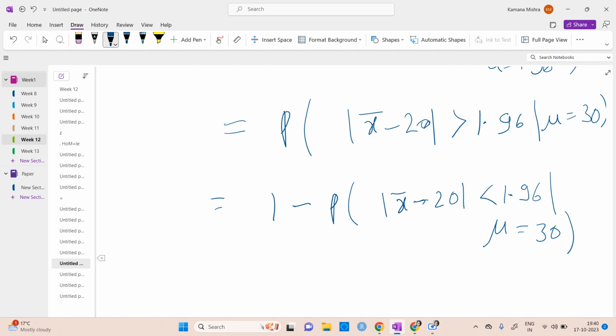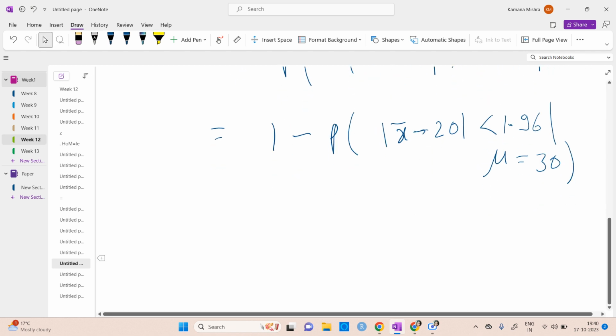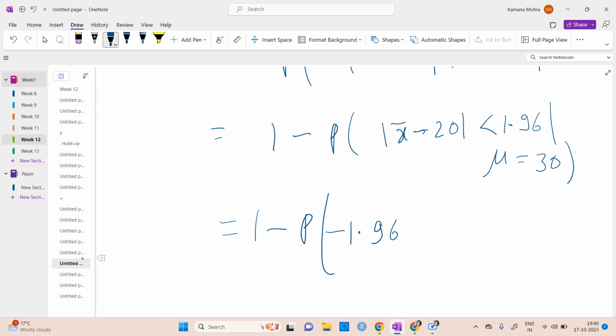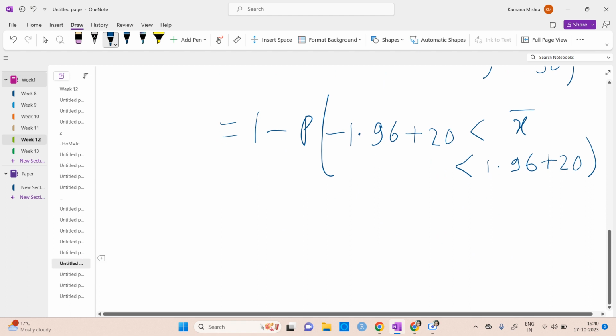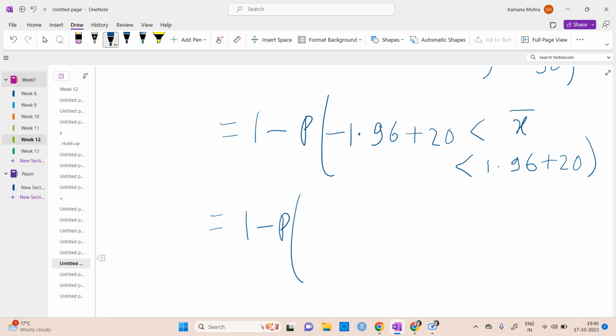This is just p of a is 1 minus p of a complement, right? So now it would be p of minus 1.96 plus 20 less than x bar less than 1.96 plus 20, right? And given mu is 30. So now we will make this x bar a standard normal variate.